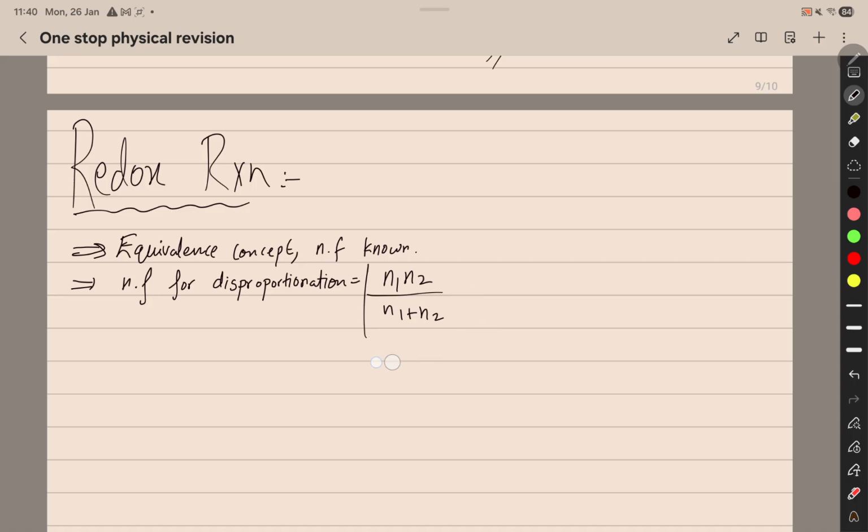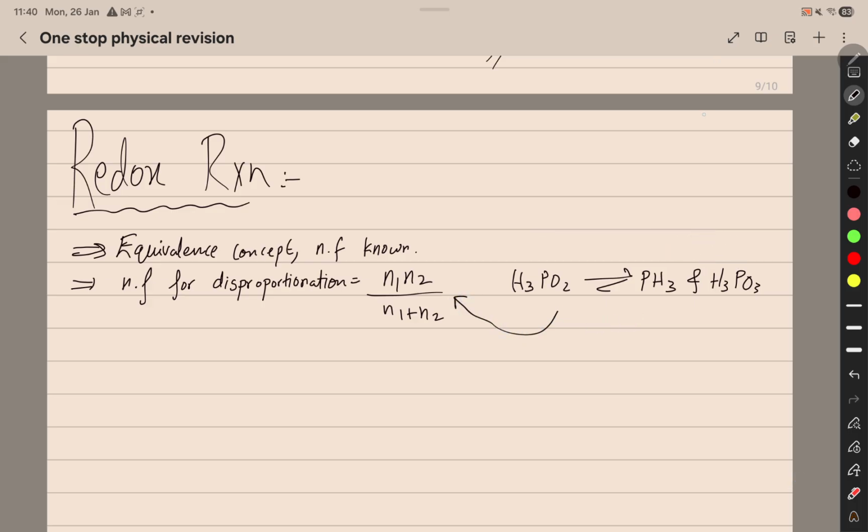To find the equivalent weight, we can use the n-factor of disproportionation reactions, where n1 is the oxidation state change of one, and n2 is the oxidation state change of the other. For example, H3PO2 disproportionates into PH3 and H3PO3, a known reaction of the P block. These have different oxidation state changes. We can just plug them into this formula and get the answer.